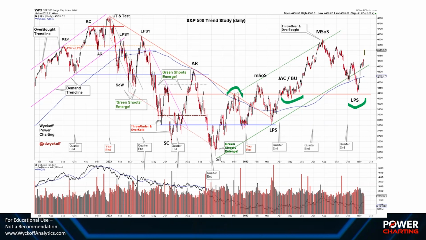That gives us the notion that this, which we identified at the time, going back into 2022, you can see this is the June-July low of 22. This is the all-important October low of 22. And then we have the March low.